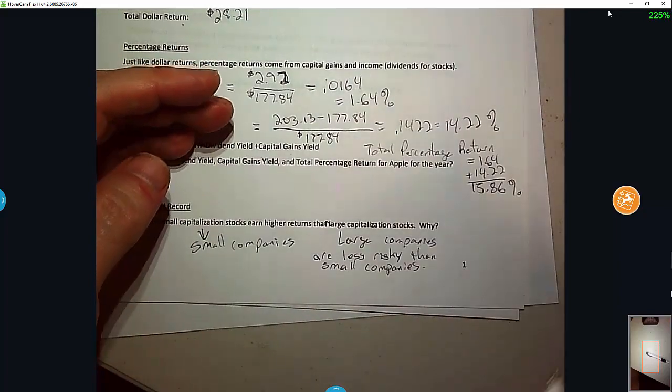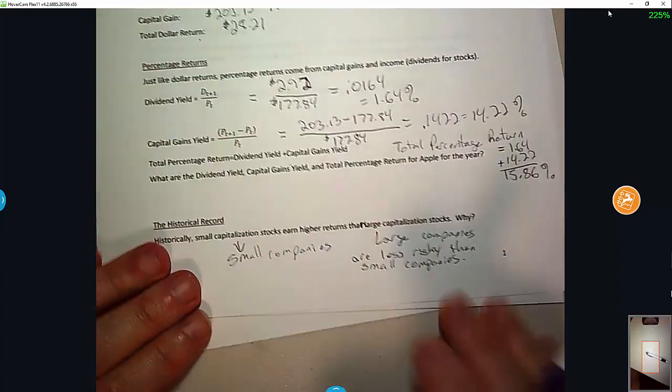And you might ask yourself why. There's a number of reasons why large companies are less risky than small companies.